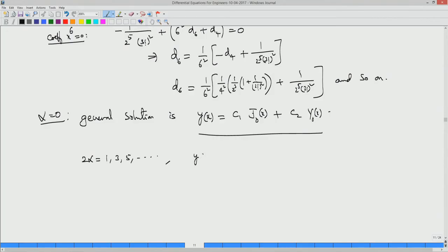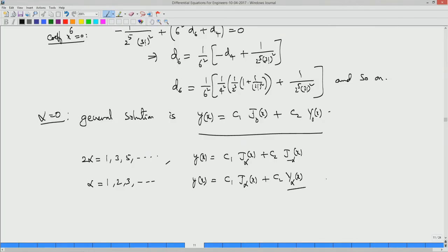In this case, the general solution you have seen is c1 times J alpha of x plus c2 J minus alpha of x. This is a special case. Only when 2 alpha is 2, 4, 6 and so on, when it is even, that is the same as saying alpha is 1, 2, 3 and so on, you have seen the general solution is c1 times J alpha of x plus c2 times Y alpha of x.